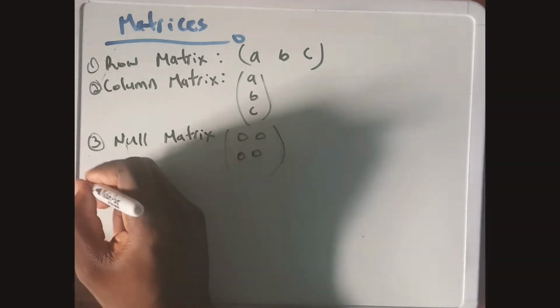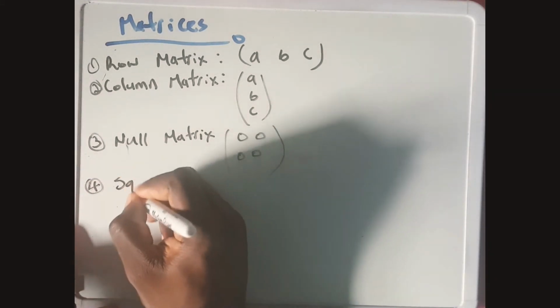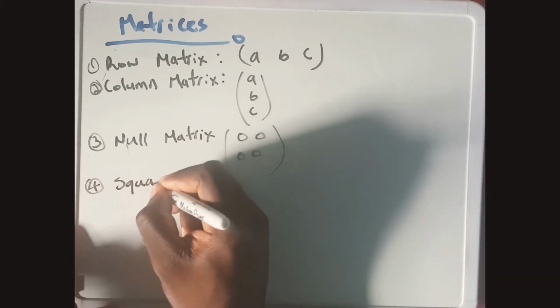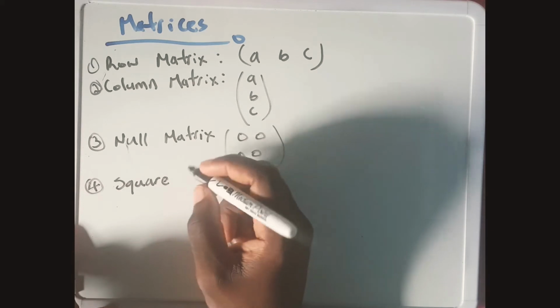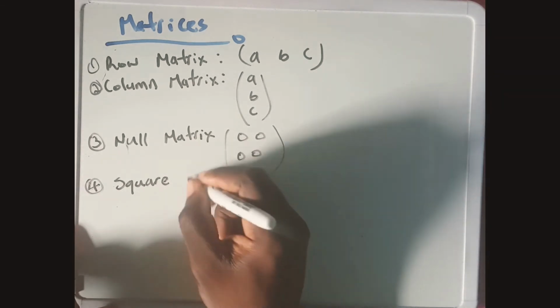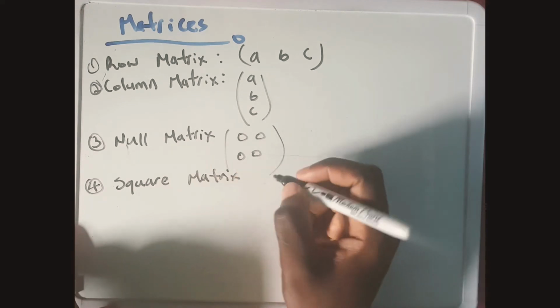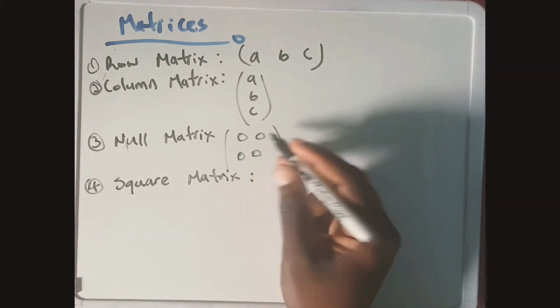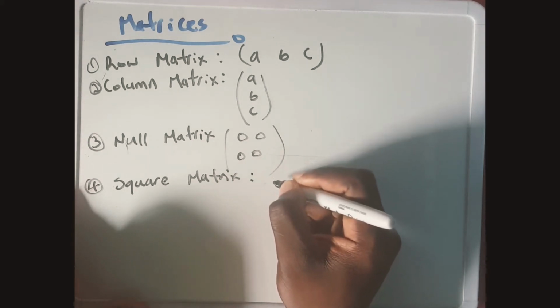Now onto what is known as a square matrix. A square matrix is a matrix that has the same number of rows as columns. So for example, a 2 by 2 matrix would be a square matrix. So this null matrix would be square. Let me do a 3 by 3.